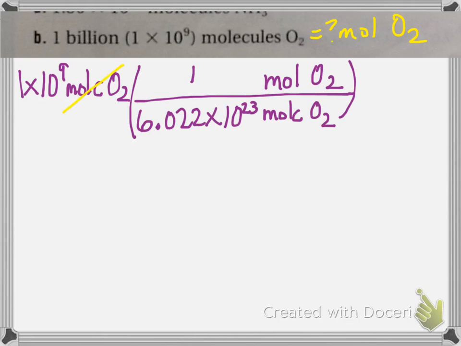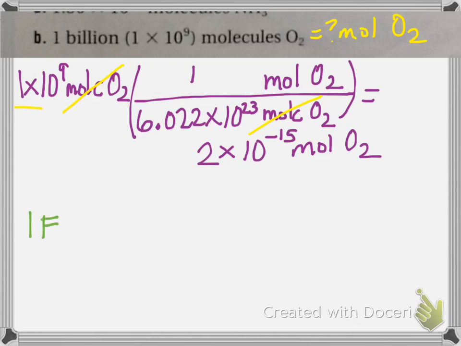So again, molecules are crossing out. I'm going to be left with an answer in moles. This number here only has one significant figure. So you should get an answer of 2 times 10 to the negative 15th moles of oxygen. Again, to show you how you might put that in your calculator, 1E9 divided by, because again, my Avogadro's number is in the denominator, E23.